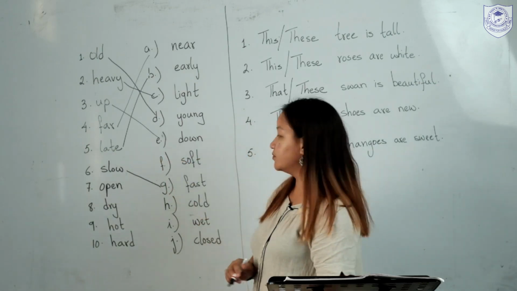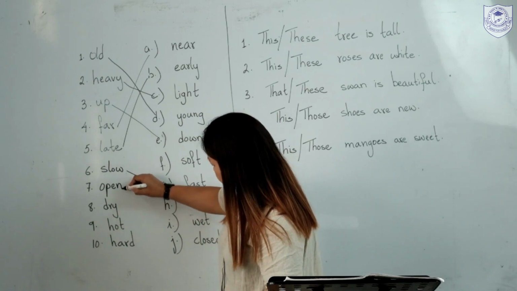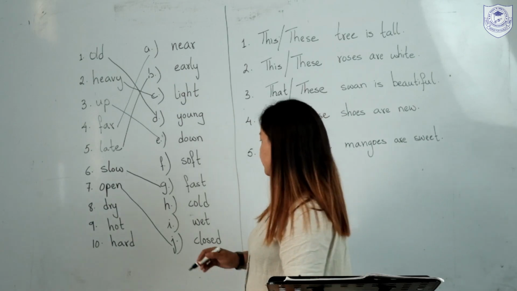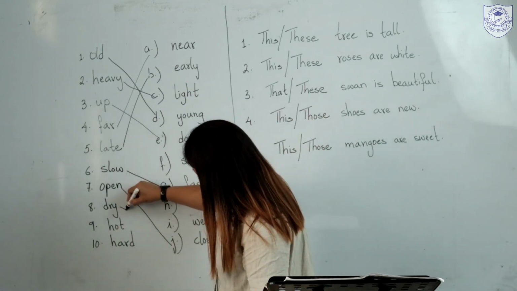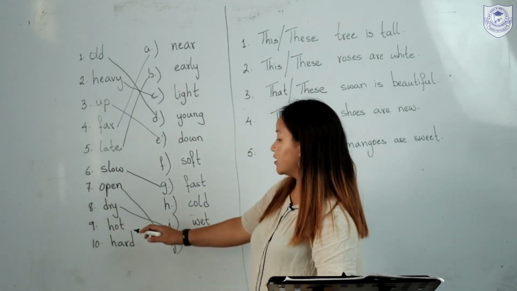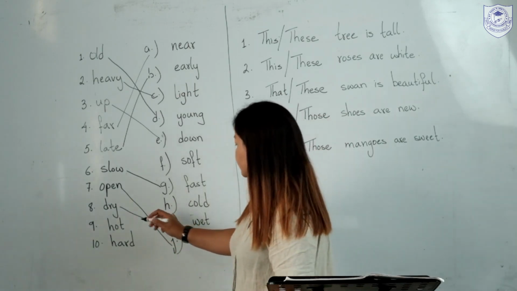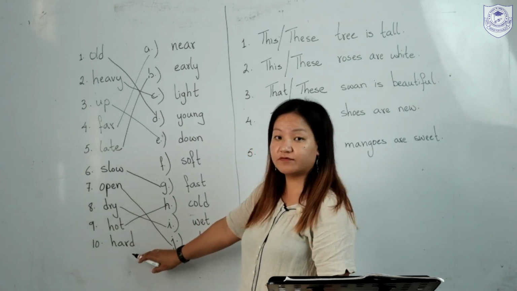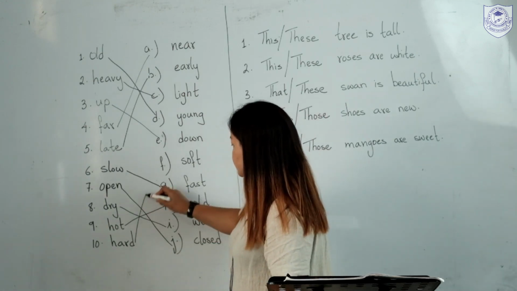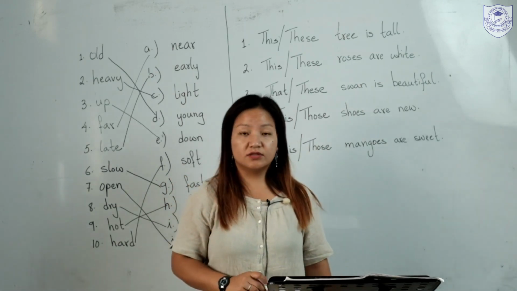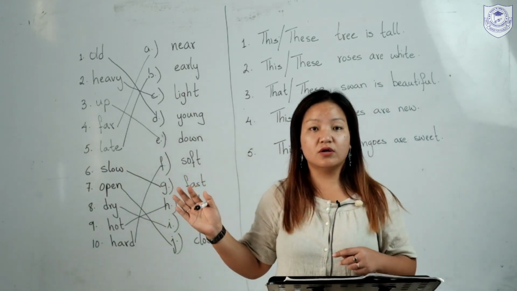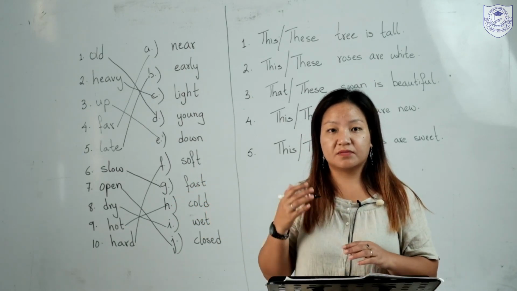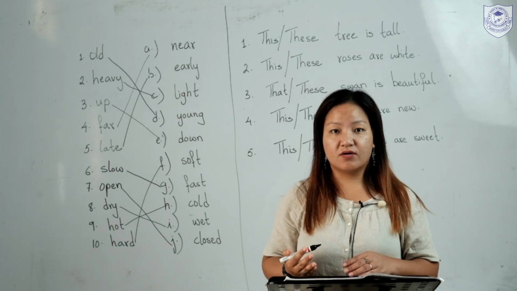And then number 7, the opposite of open is closed. And then number 8, the opposite of dry is wet. And number 9, the opposite of hot is cold. And the last one, the opposite of hard is soft. Okay, so all these opposite words are also called adjectives because they can describe a noun, a person, things or a place, okay?